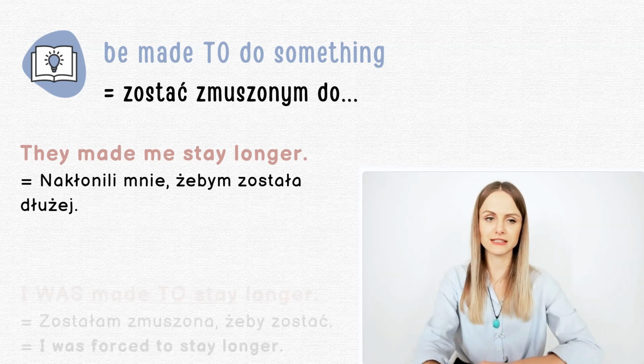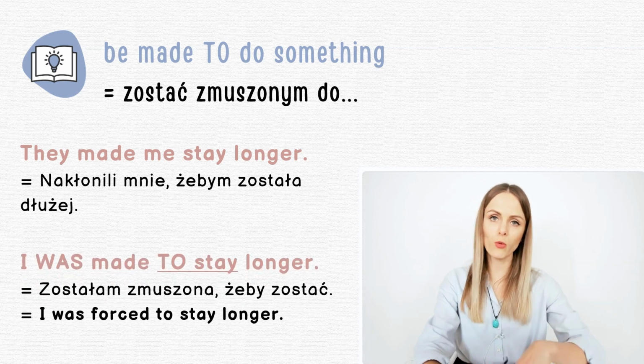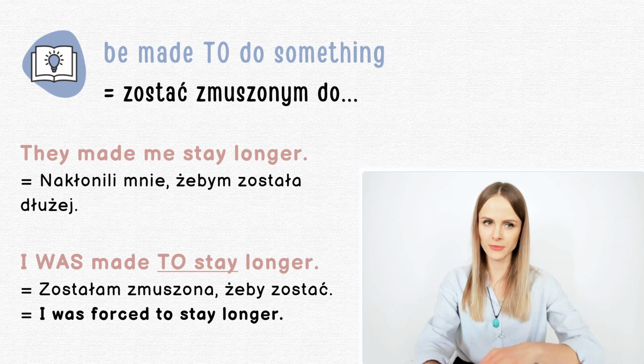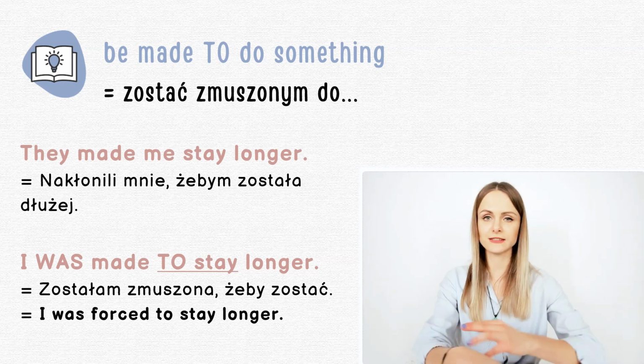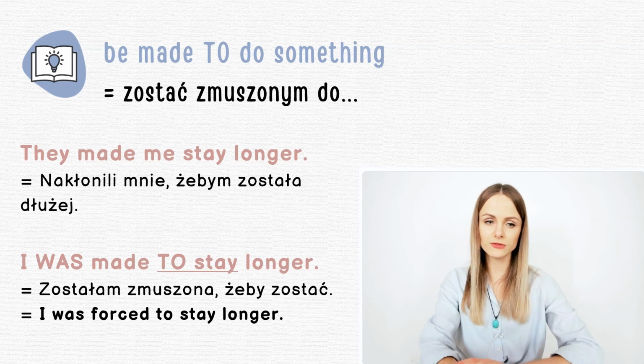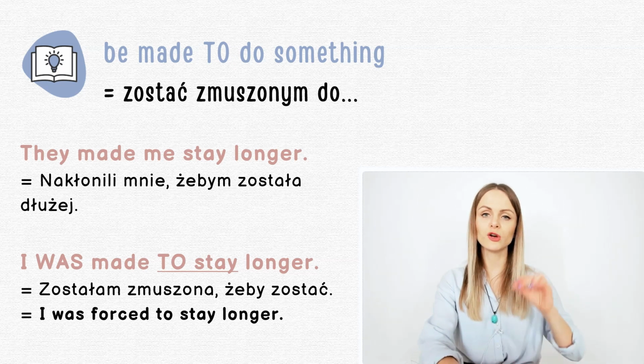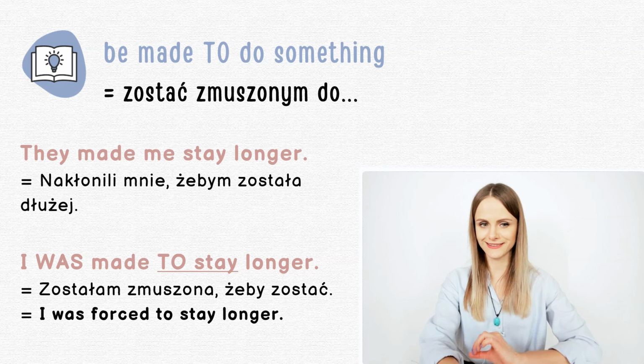So let's have a look at it. You have two examples. One of them is a normal sentence, active sentence. They made me stay longer. There is no to, right? They made me stay longer. But then if you wanted to create this passive voice here, that would be I was made to stay longer.